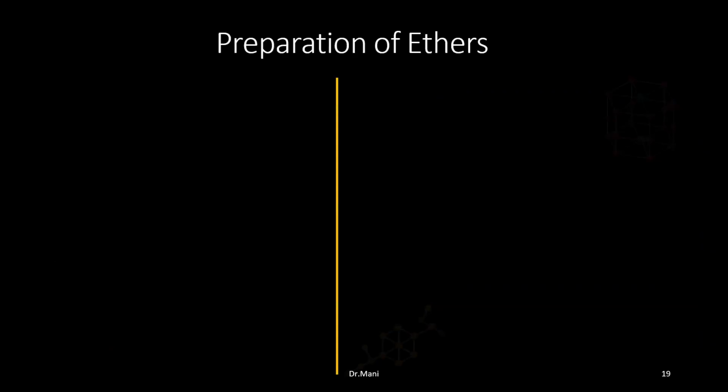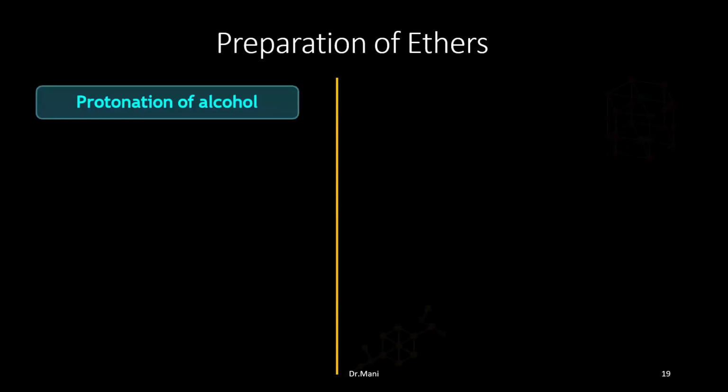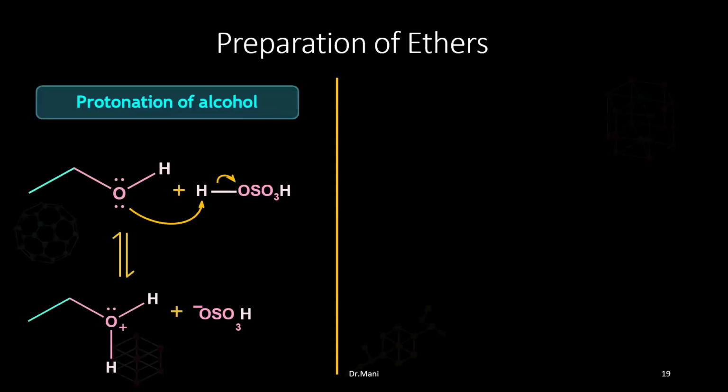So let's see how this happens. The first one is protonation of alcohol. You can see here there is an alcohol, and that alcohol is protonated by the acid catalyst. This H will go and attack the alcohol, and the bond that is broken will shift to the oxygen present here, giving O minus SO3H. This is called the protonation of alcohol.